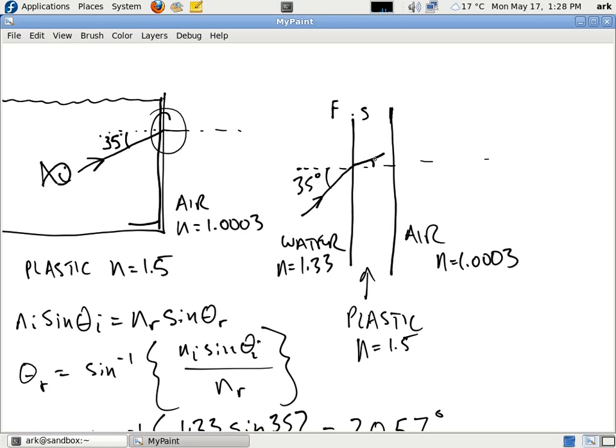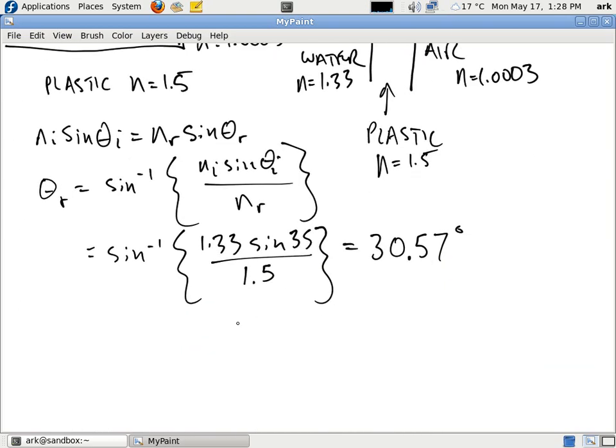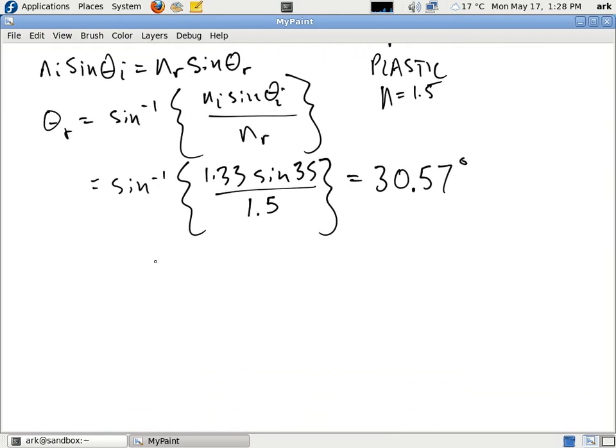Well, now that we know that this angle is 30, what's the new normal going to be over here? So if I draw a normal line there, in order to do this, you need to know a little bit of geometry. So if I drew this a little bit bigger, here is the plastic of the aquarium, and if I drew a normal here, we know this angle is, let's say, 30.1.